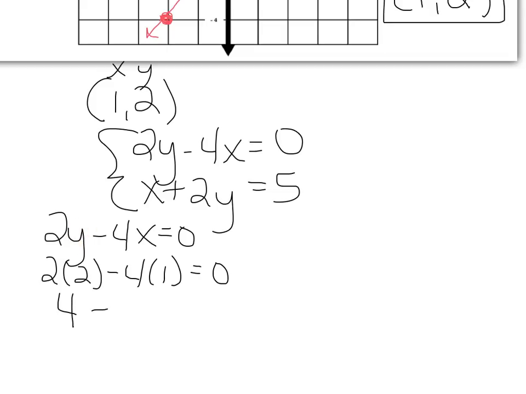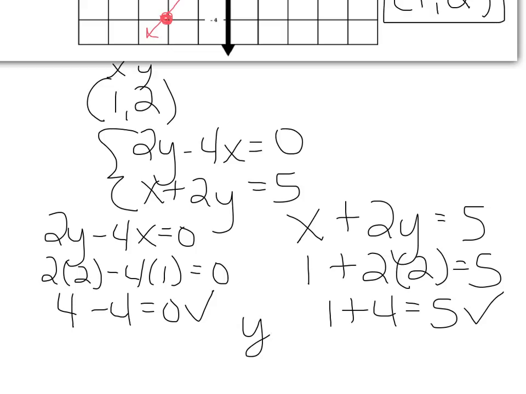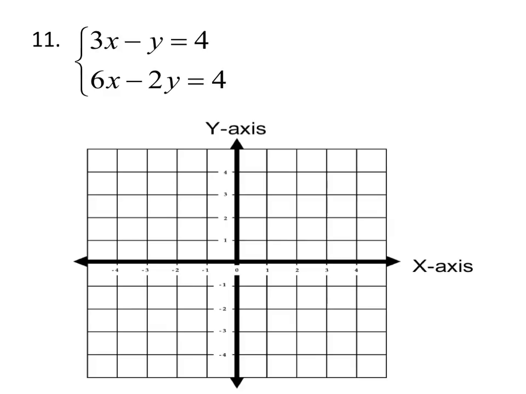So we have 4 minus 4 equals 0. That's true. And then over here we have x plus 2y equals 5. So 1 plus 2 times 2 equals 5. 1 plus 4 equals 5. That is also true. So yes, this is my solution. 1, 2 is correct.